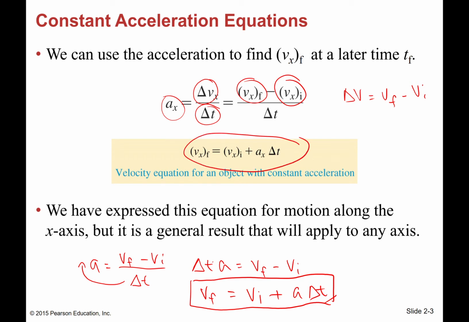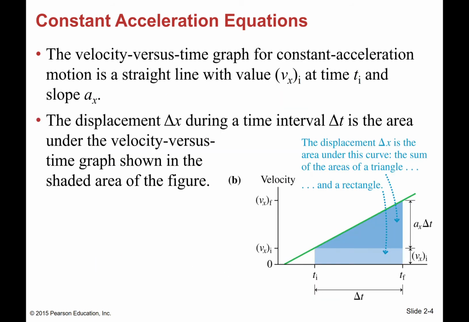And this is the first equation that we are going to use to study motion with constant acceleration. Now let's derive another equation that is important. Remember, from the velocity versus time graph, we can also calculate the displacement of an object. If an object moves from this initial time to this final time, the distance that the object moves is this blue area, which is the area underneath the velocity versus time graph.